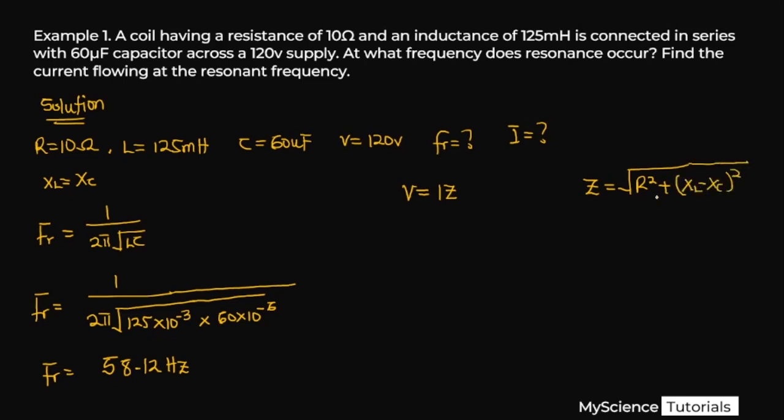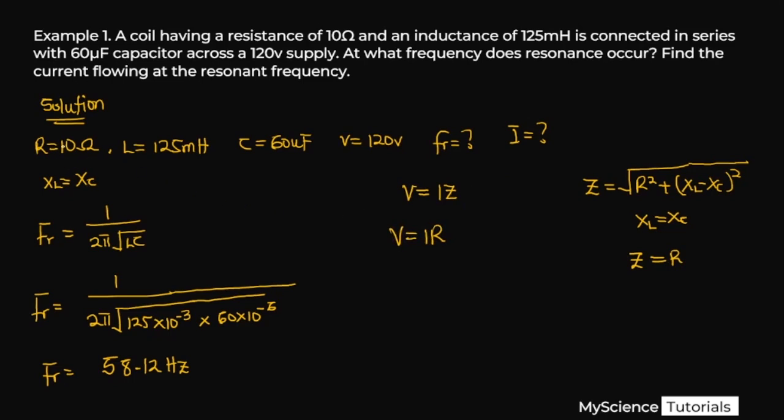But remember, at resonant frequency XL is equal to XC. And when that happens, our impedance is equal to the resistance in this entire circuit. So we don't need to find the impedance, as the impedance is equal to the resistance. So we can use voltage is equal to IR to find our current.